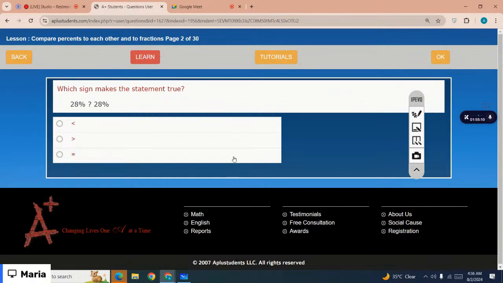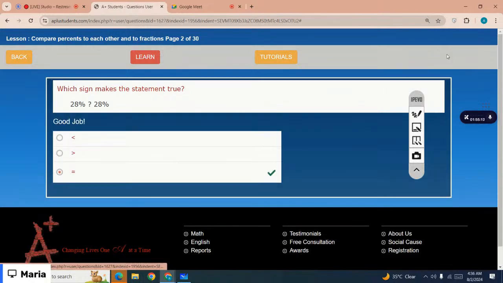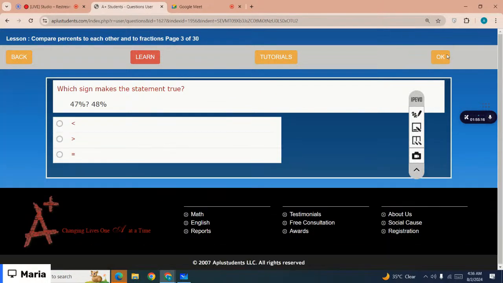Yes, equal it is. They both are exactly equal. Which sign makes the statement true, 47% and 48%?